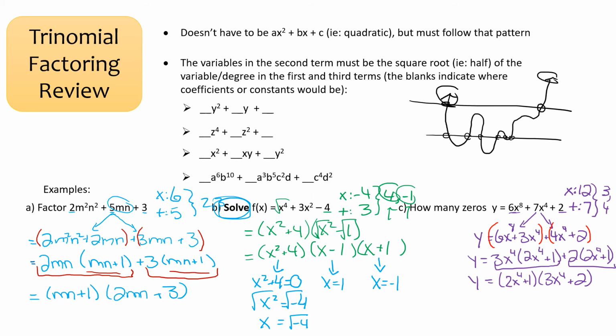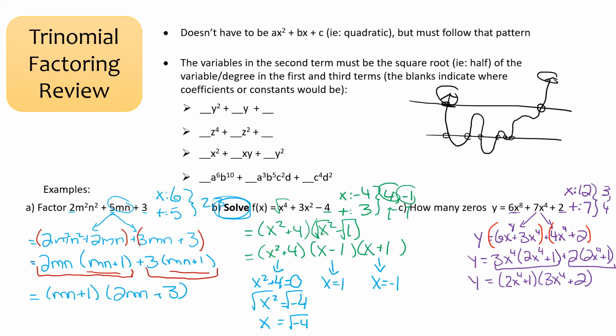Once you get down to binomial factors like we have here and here, you don't have to keep trying to factor. You can just go right ahead now and isolate x. I can try to isolate x once I have a binomial, and I could have done that right here. Let me just show you what I could have done here.